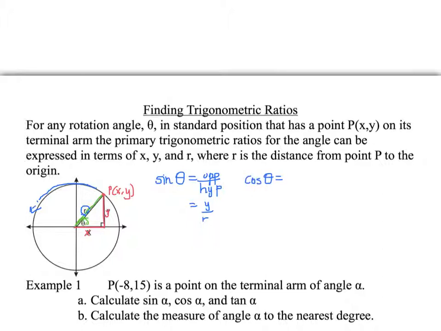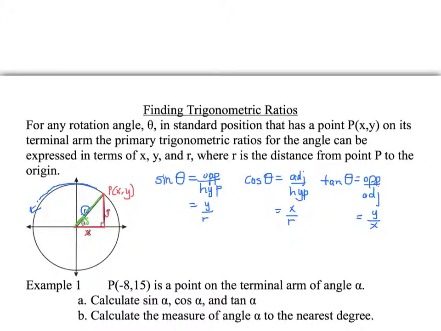Cos theta is adjacent over hypotenuse. And from our diagram, we can see the length of the adjacent is x, length of the hypotenuse is r. So cosine theta equals x over r. And tan theta, which we know is opposite over adjacent, will be y over x.